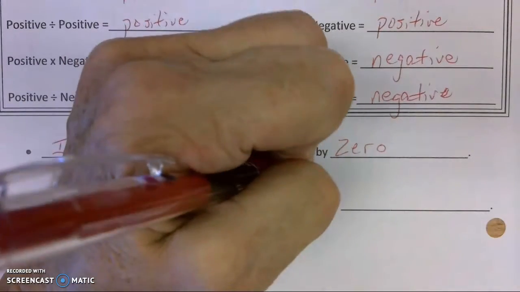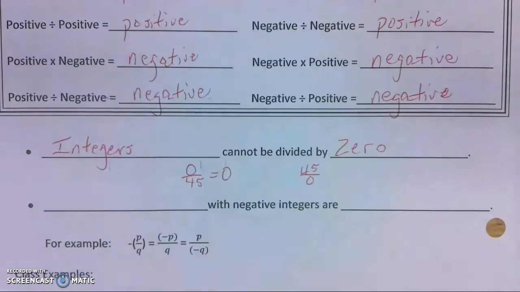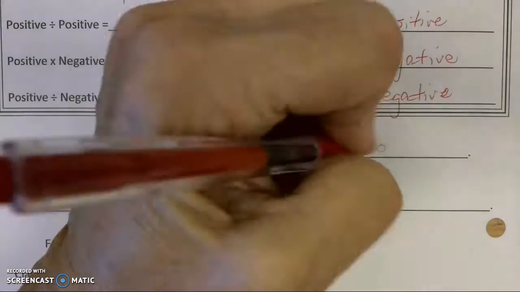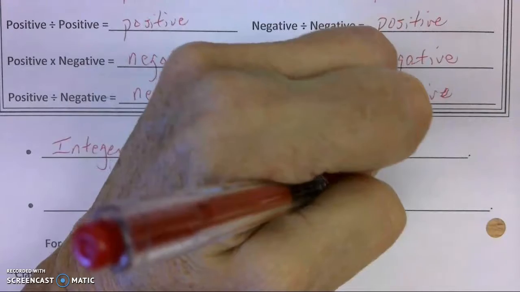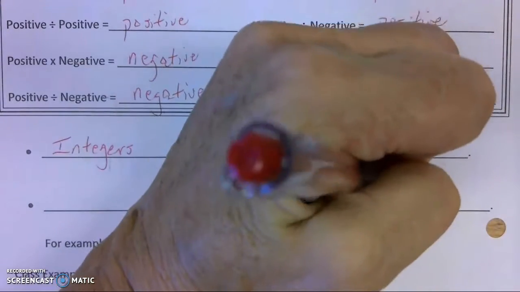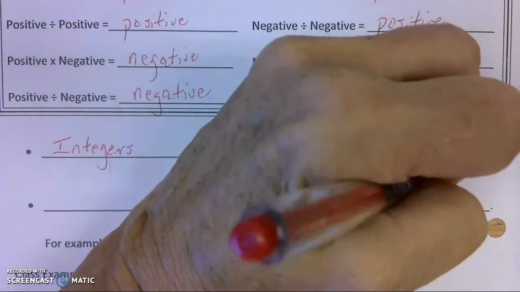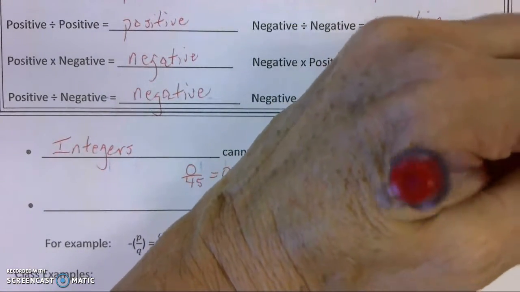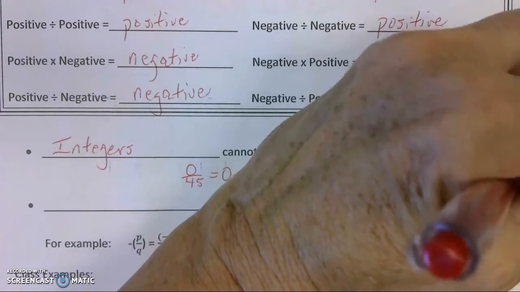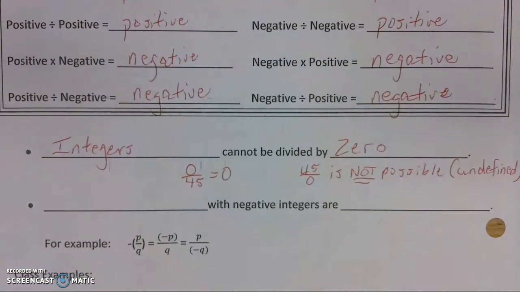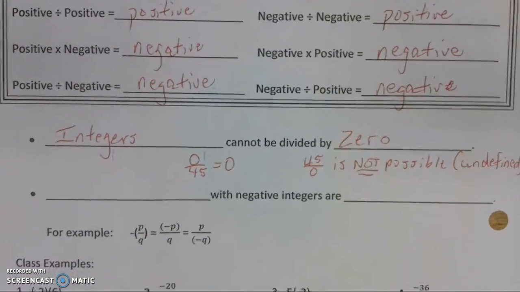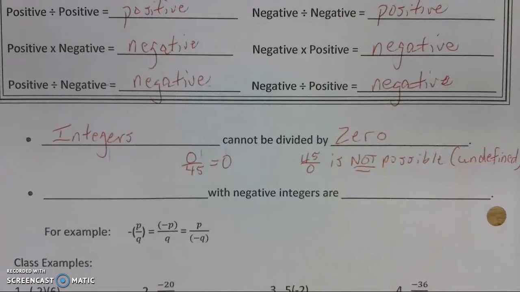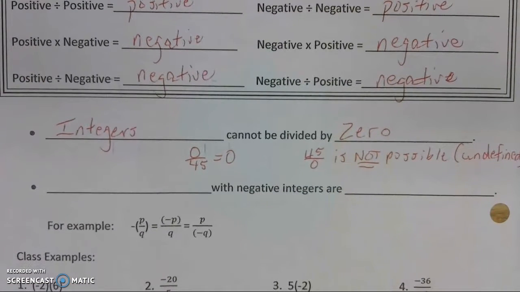But what I cannot do is divide a number by 0. Okay, that is not possible. Another way we say that is undefined. You cannot divide by 0. It is not possible.